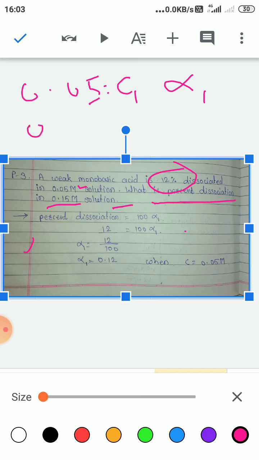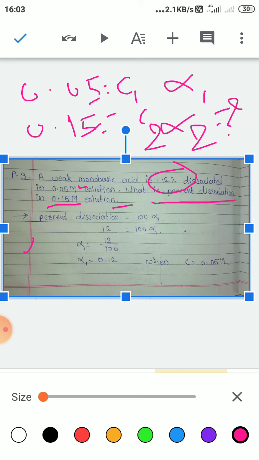If we consider the 0.15 molar solution, that means the concentration of the solution is C2, then we have to calculate the degree of dissociation for the second solution. Therefore alpha 2 is equal to, we have to calculate.